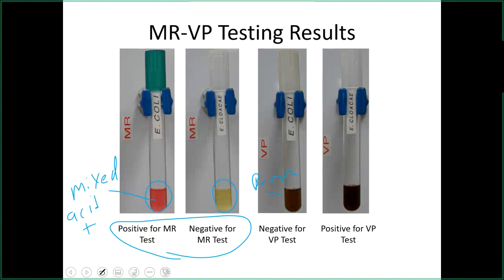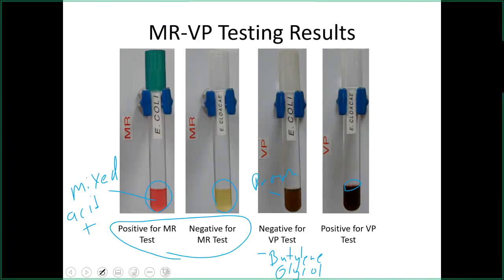On the other hand, it's negative for the butylene glycol pathway. That's what it's telling us. It is a mixed acid producer. It's negative for butylene glycol. Over here, if you look in the top, you can kind of see a hint of red in there. So that's red, all right?